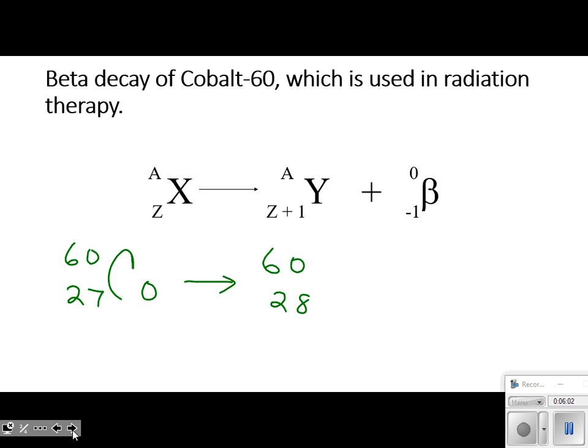What is element number 28? Nickel. So nickel is now my more stable product. And here is the beta particle that is being released. Questions on that beta decay there, with the beta particle being released?